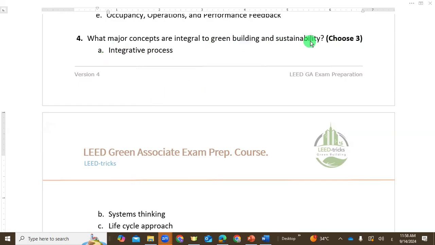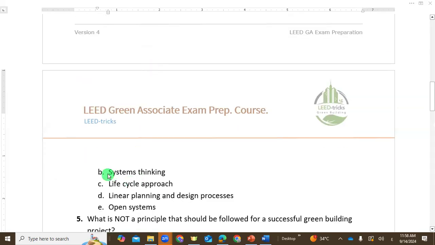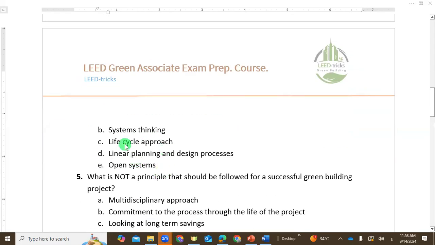So the integral of sustainability in design and build projects is integrative process, system thinking, and we'll add to it what? Here, the exam strategy. I don't know these 3. And Ashraf did not tell me about them. Okay, you have your mind and you have the concept.